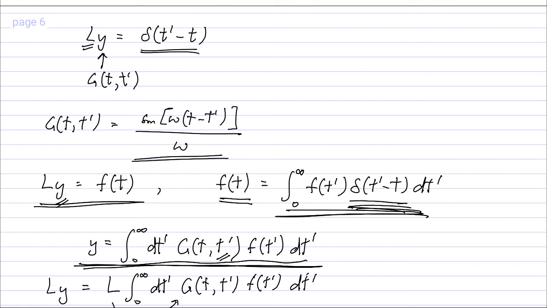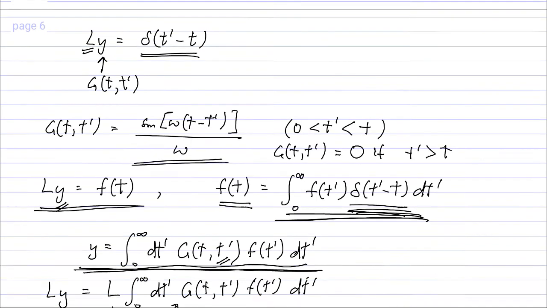It actually turns out that this thing is true if t prime is bigger than 0 and less than t, and the Green function is 0 if your t prime is bigger than t. Once you take the inverse Laplace transform, you immediately see why that is the case.